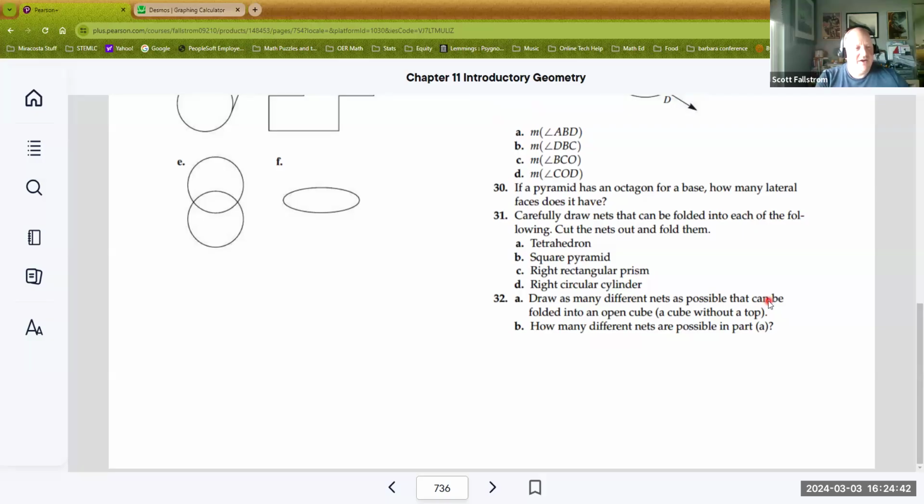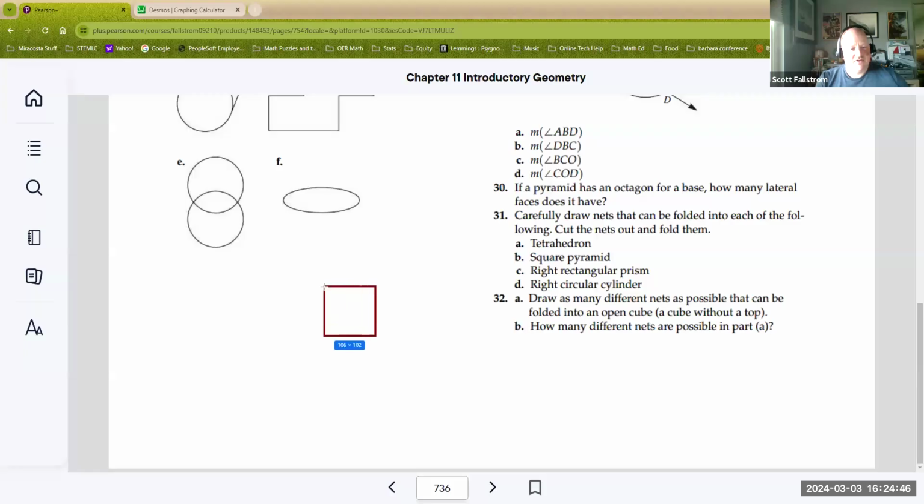A square pyramid. So the first thing you want to do is build yourself the square. Then, and I will do my best on this one, I want you to think about that pyramid like we saw in class. The square had pyramid triangles coming up to the apex on each one of them.